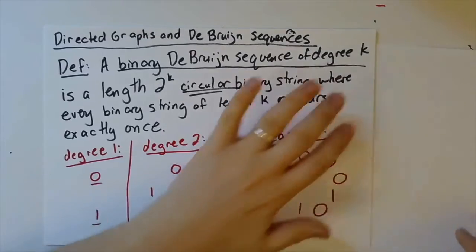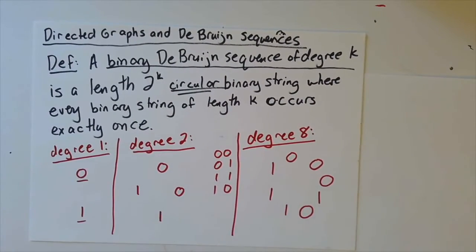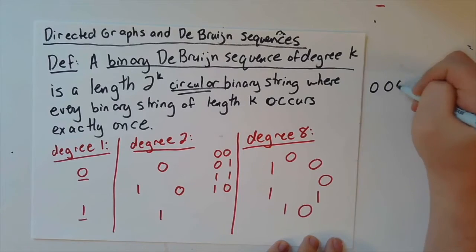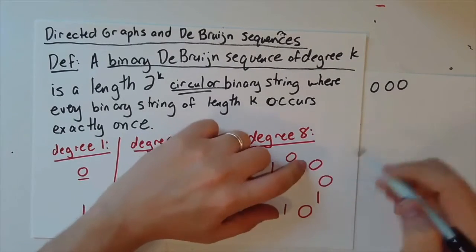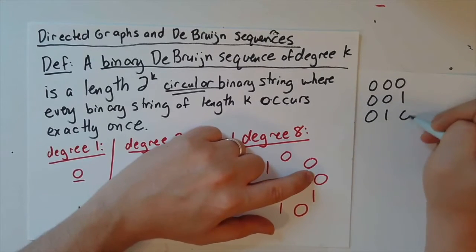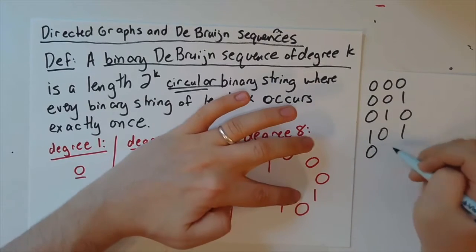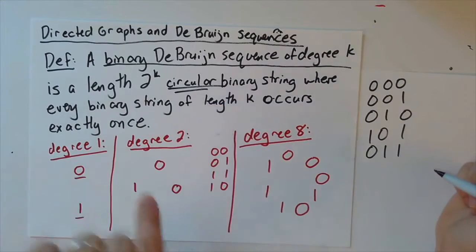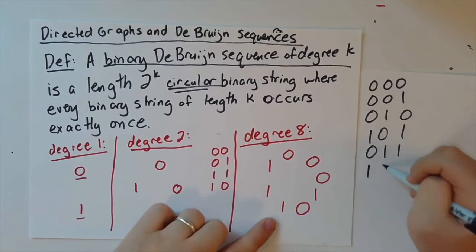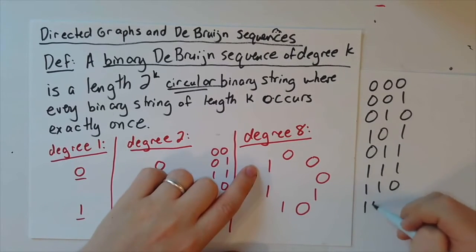So if I go ahead and read off the length 3 bit strings here, then I start with 0 0 0. There. And then I get to 0 0 1, 0 1 0, 1 0 1, 0 1 1, 1 1 1, 1 1 0, 1 0 0.